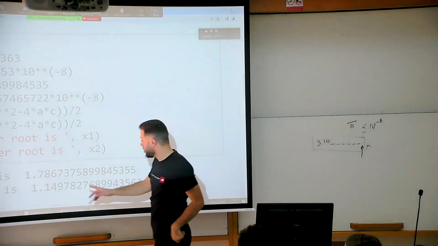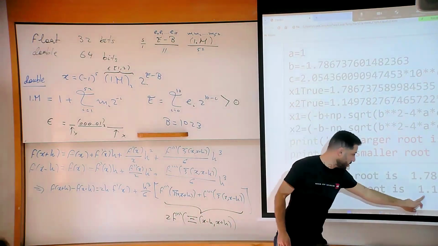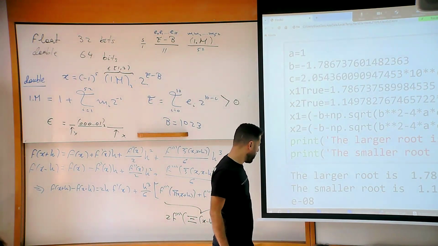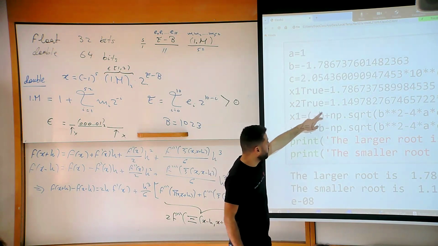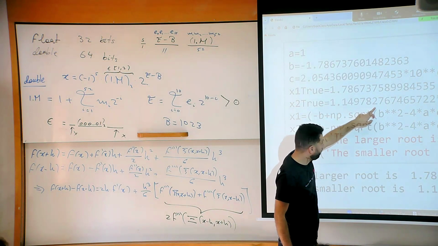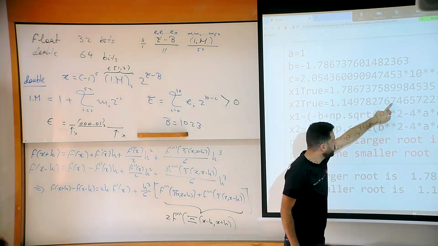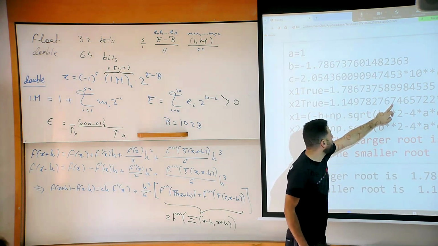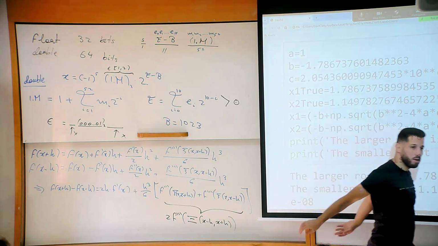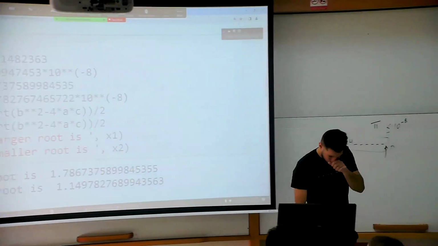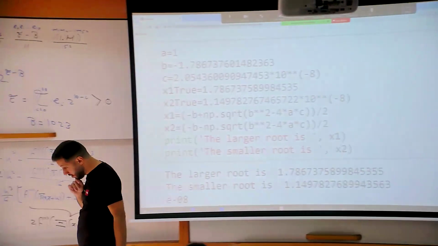These are the roots that I find, and if you look here at the smaller root, you will see that it changes at this digit. So the accuracy here is up to 10 to the minus 8.